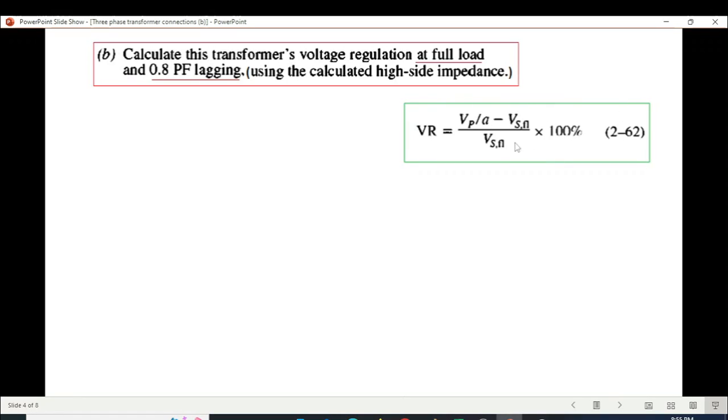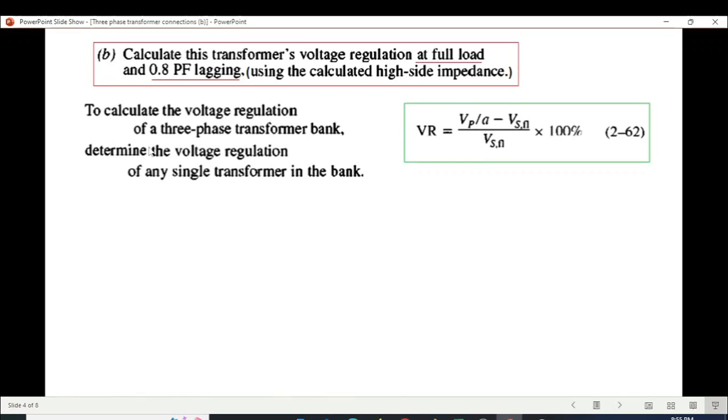So this is one of the formulas: Vp divided by the transformer ratio minus Vs secondary voltage at full load, divided by Vs full load. To calculate the voltage regulation of a three-phase transformer, we have to determine the voltage regulation of any single phase, any single transformer. So we'll write this for the single transformer now.